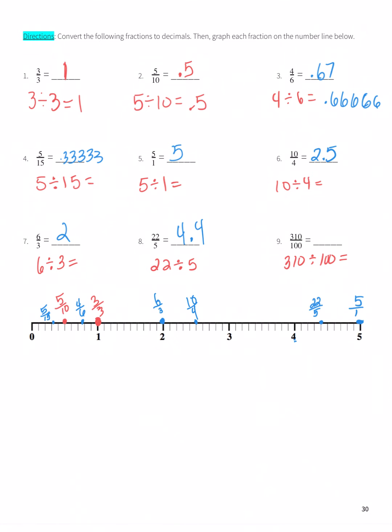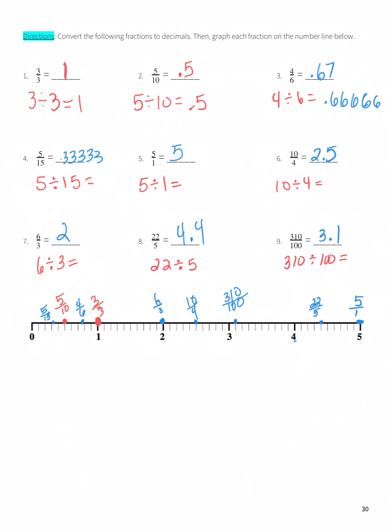So 310 divided by 100 is equal to 3.1. So I would need to go to where 3 is, over 1, and that is where my dot would go to represent 310 hundredths.